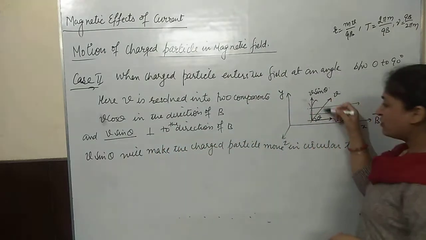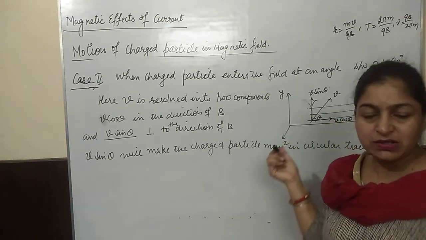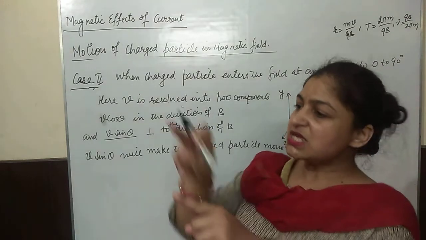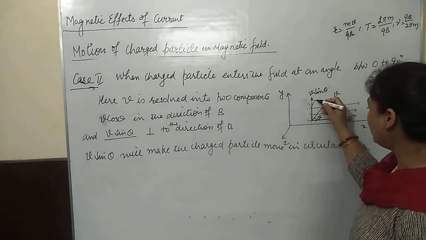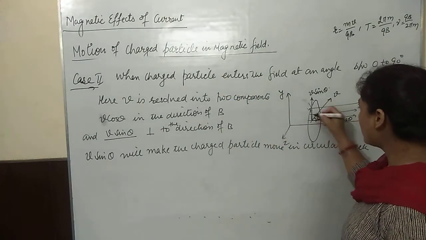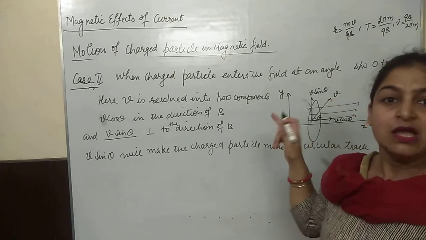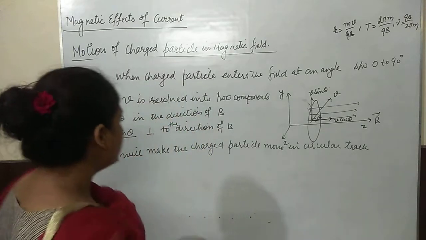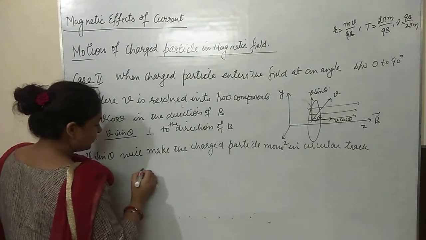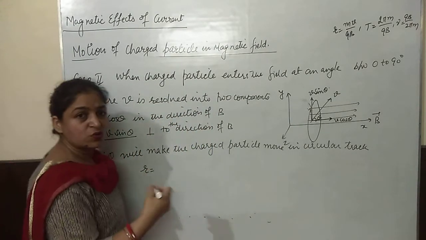And again you can find the direction of the magnetic force at different positions, and you will see the particle will be moving in a circular track because of the velocity component which is perpendicular to the magnetic field.